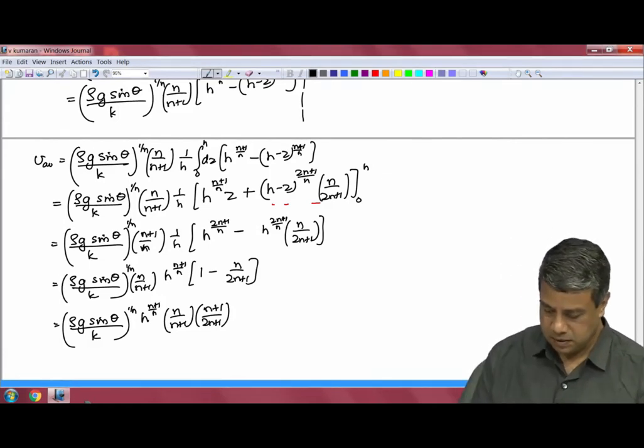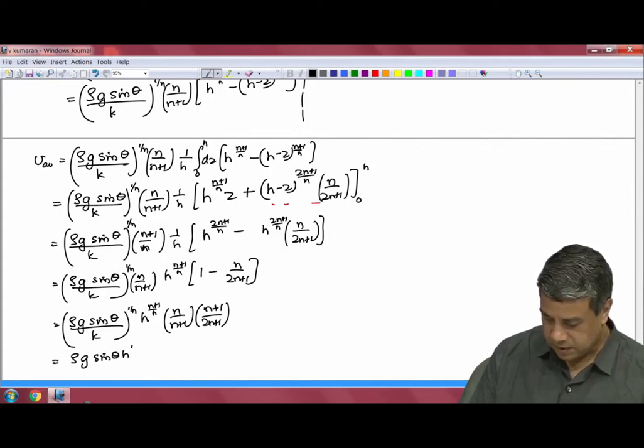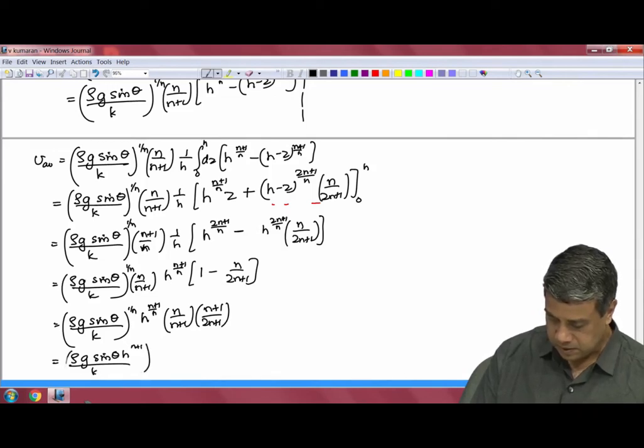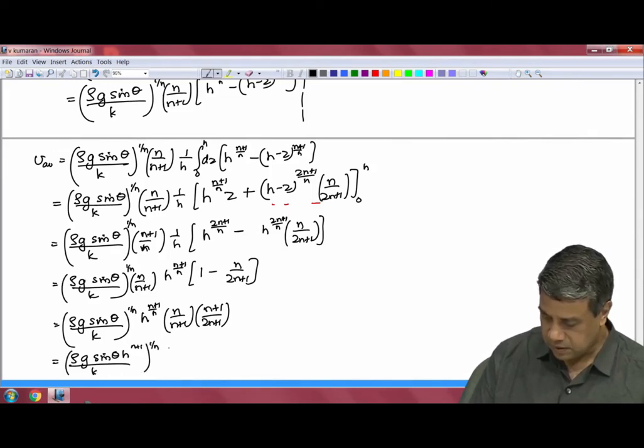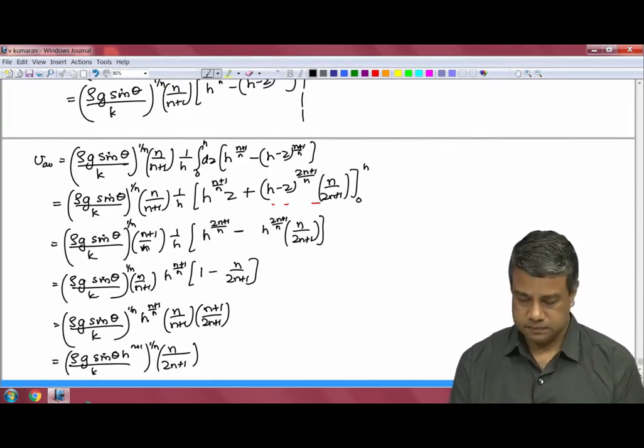So, this is the final expression: (rho g sin theta h to the power n plus 1 by k) whole power 1 over n, into n by 2n plus 1. So, that is the final expression for the average velocity.